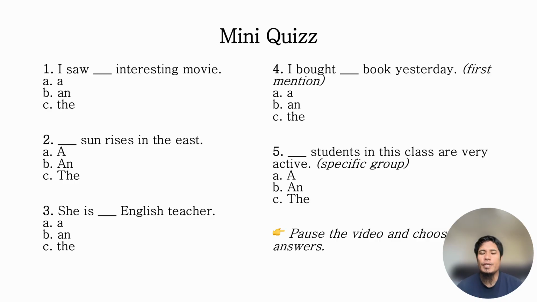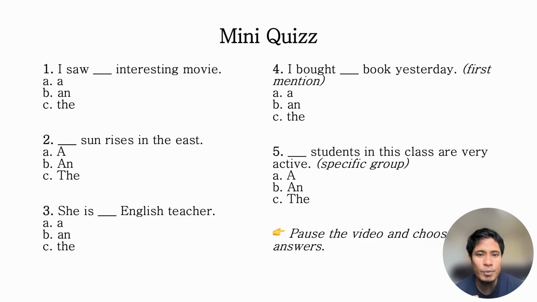Before we finish today's session, everyone, let's do a quick mini quiz to check your understanding. There are 5 questions on this slide. Each one focuses on a different aspect of article usage. For question number 1, pay attention to the word interesting. Think about whether it begins with a vowel sound.